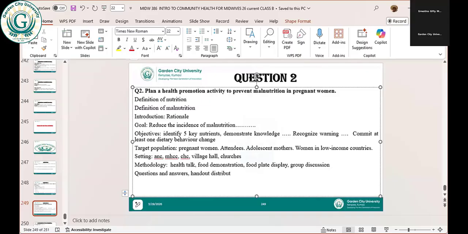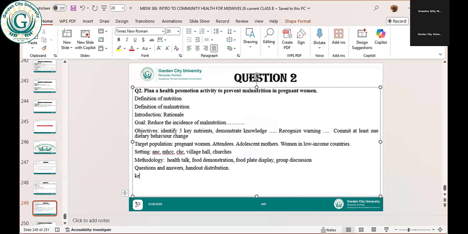We moved on to key health messages. That one, we said, eat a variety of foods from all food groups daily. So when you finish, what else?